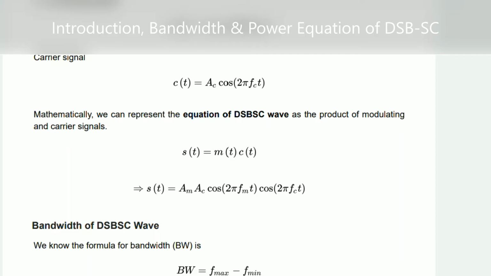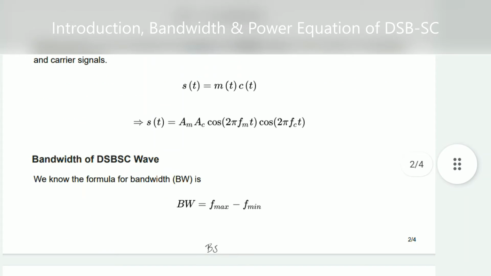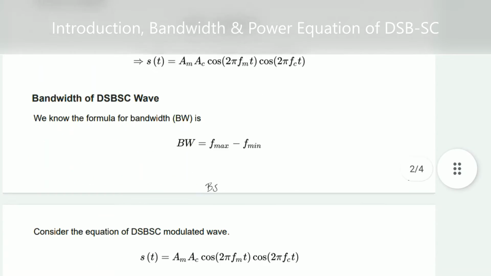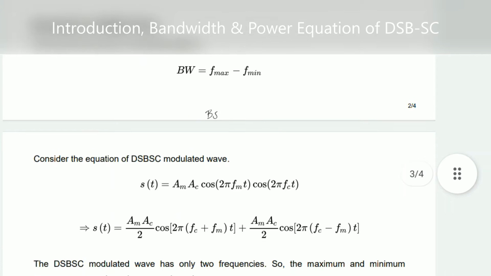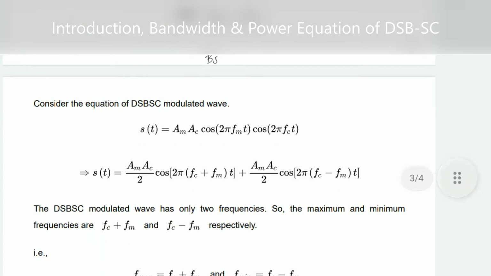Now see the bandwidth of the DSB-SC wave. Bandwidth equals what? Maximum frequency minus minimum frequency. Consider that s(t) is the double sideband suppressed carrier. After putting in the values, we finally get s(t) equal to Am Ac by 2 cos 2π(fc plus fm)t plus Am Ac by 2 cos 2π(fc minus fm)t.